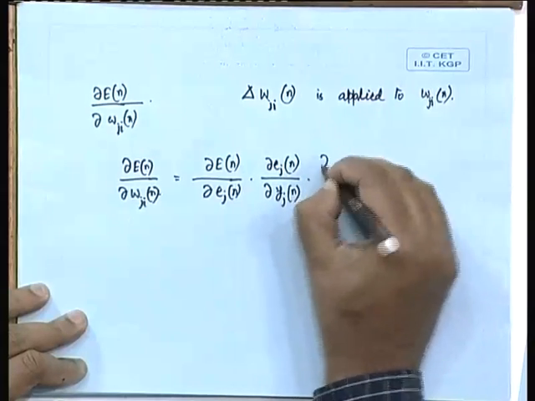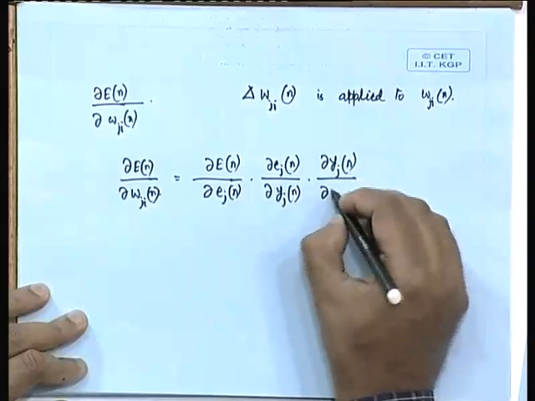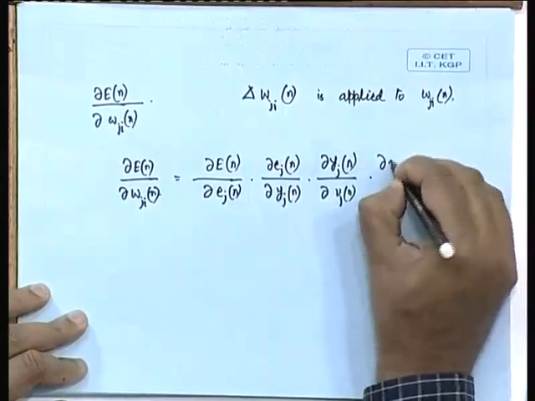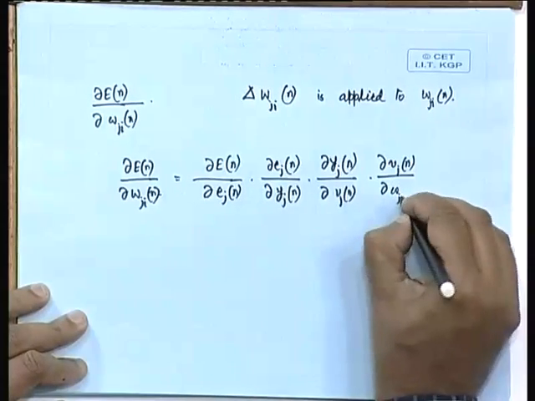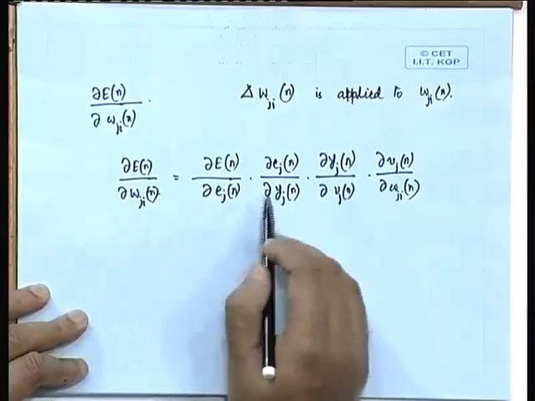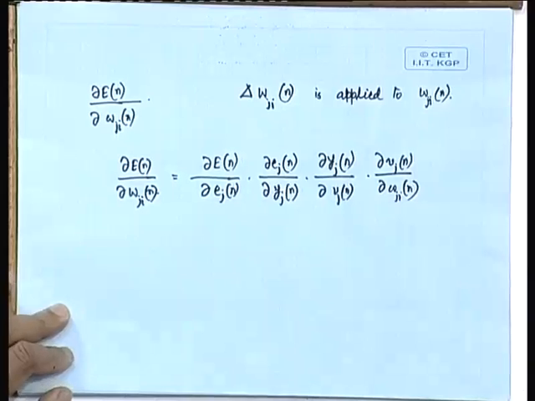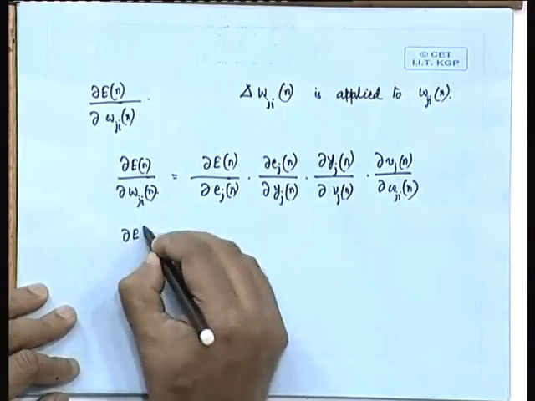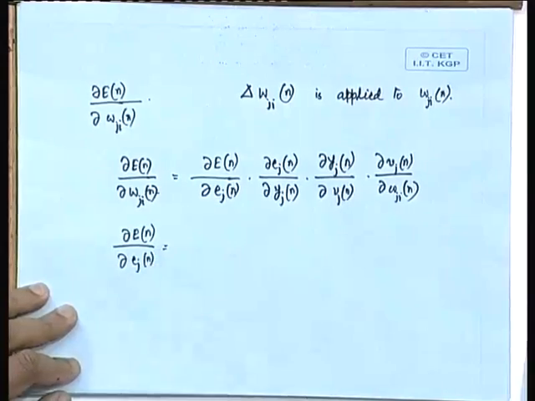The third term should be ∂Yj(n) with respect to ∂Vj(n), and the last term in the chain should be ∂Vj(n)/∂Wji. Yes. So, this simple expression is being written as a product of 4 terms, but getting the product of these 4 terms is very easy, because ∂E(n)/∂Ej(n) we get very easily.